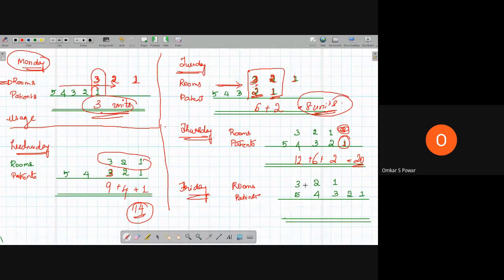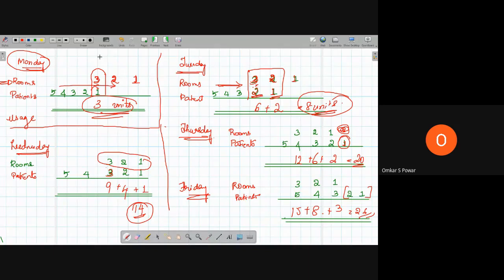On the last day, you push the 5 patients; 4, 3, and this 2 and 1 have finished. So 3 into 1, 3; 4 into 2, 8; 5 into 3, 15. 15 plus 8 plus 3 is 26.